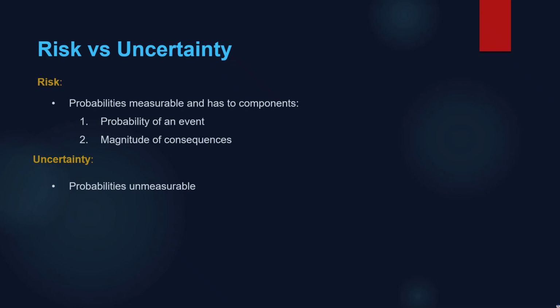Uncertainty, on the other hand, involves situations where probabilities are unmeasurable. These are the so-called unknown unknowns, events we cannot even imagine or assign probabilities to. Think about it this way. Before 2008, could we have actually modeled the probability of a simultaneous collapse in housing prices across multiple US states, combined with a freeze in interbank lending markets and a failure of major investment banks?